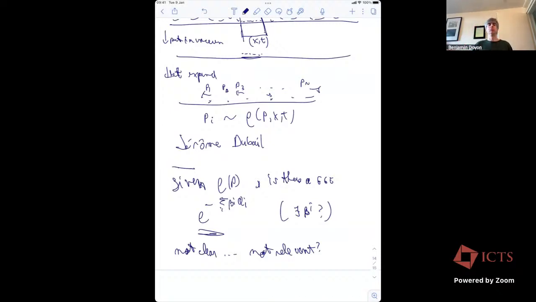So the set of possible functions of p's will be different, or even the notion, when you are in a CFT, of asymptotic states is not a clearly defined notion. You have different choices of asymptotic particles.